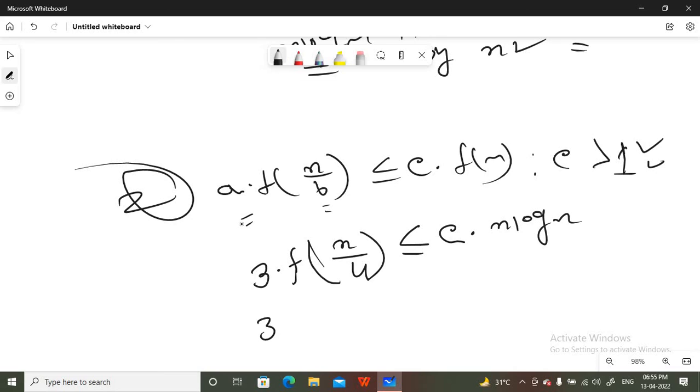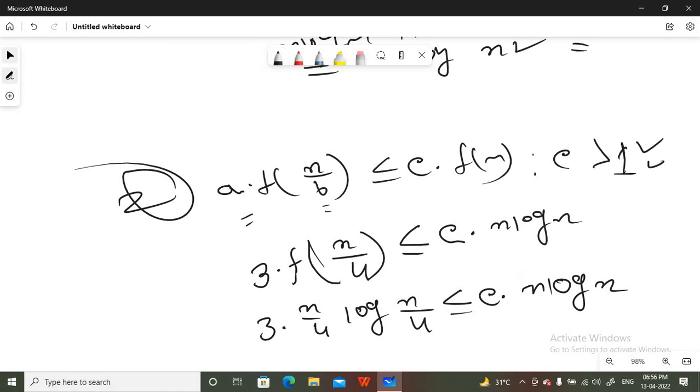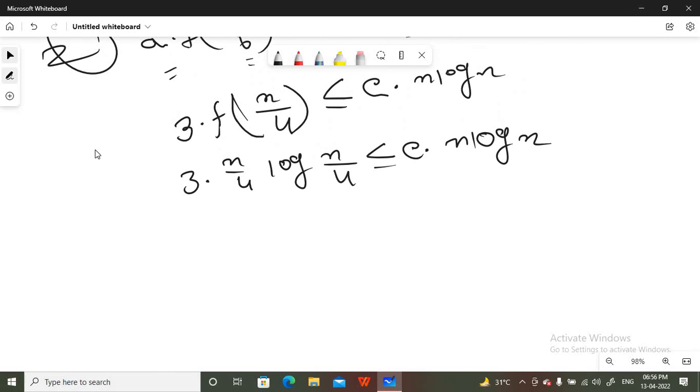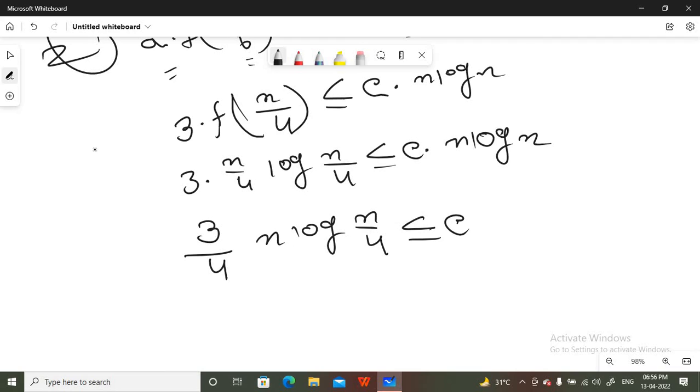So f(n/4) is n/4 log of n/4. So 3 times n/4 log of n/4 is less than or equal to c times n log n.